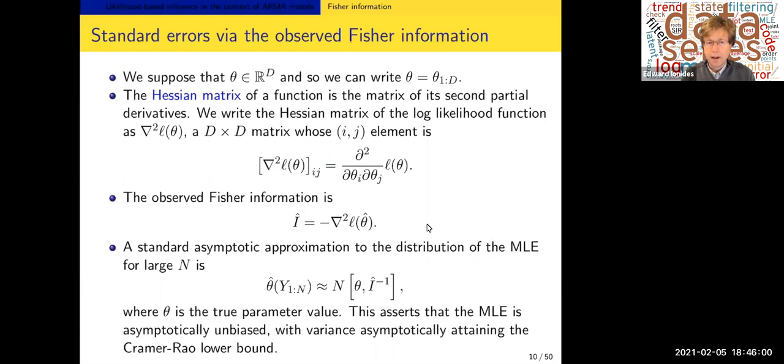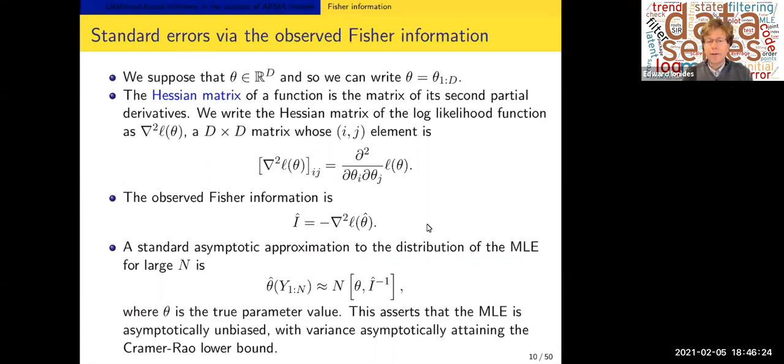And here we go, we have the second derivative of log likelihood, evaluated at ij, is this thing, and then the observed Fisher information is the matrix of all these things.